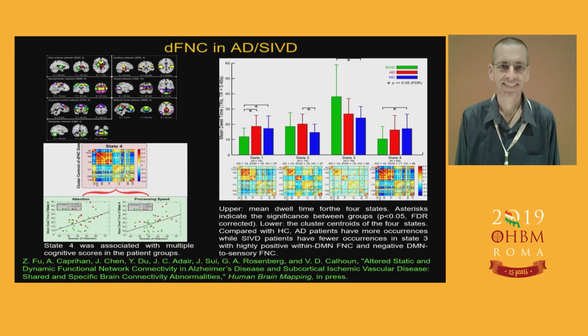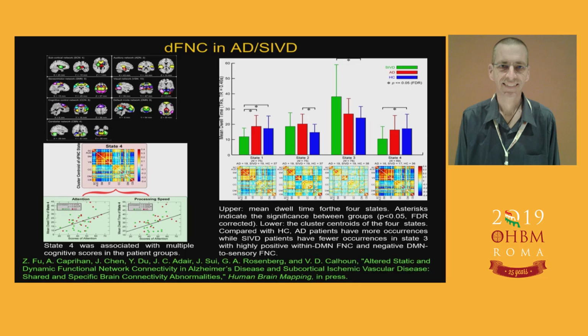And one more slide, please. So if we transition to some examples from neurological disorders, one of the characterizations that's of interest these days is looking at vascular versus cognitive. Here we've got Alzheimer's and subcortical ischemic vascular dementia.